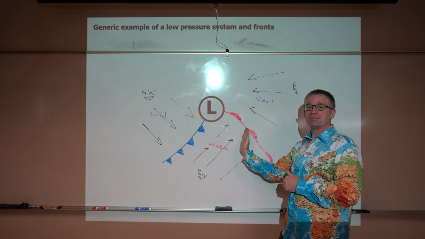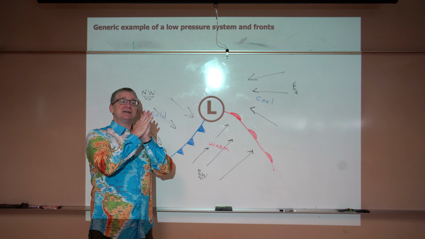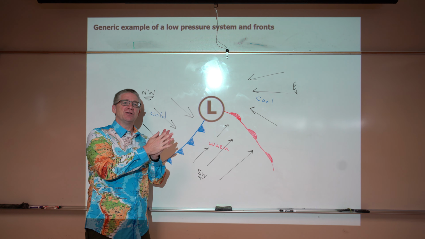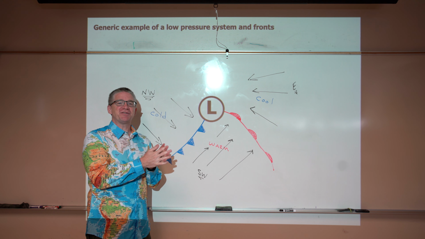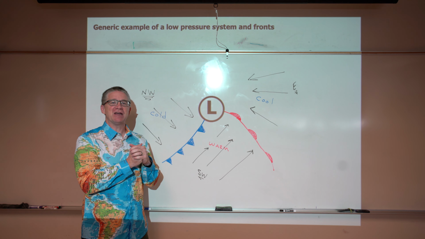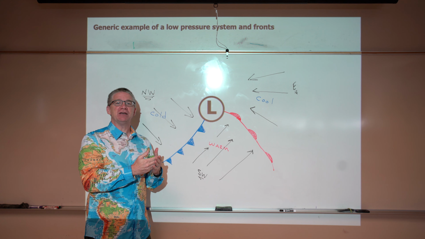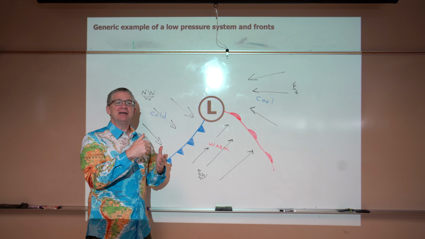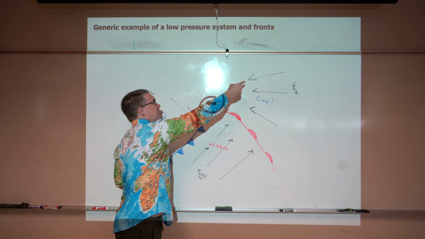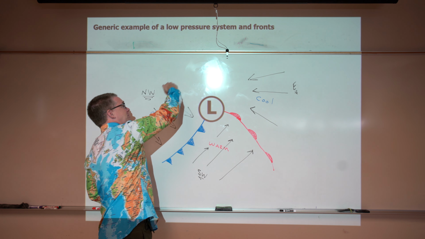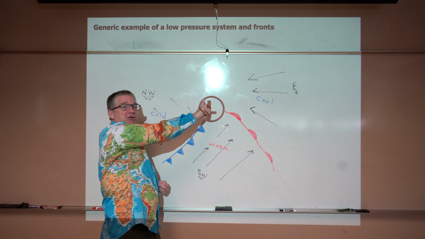Now, let's go back to it a second. Remember that with a low pressure system in the northern hemisphere, and this is a northern hemisphere example, we expect a counterclockwise rotation with our winds into the center of the low. And that's what we have. Overall, we see the winds are going counterclockwise here.